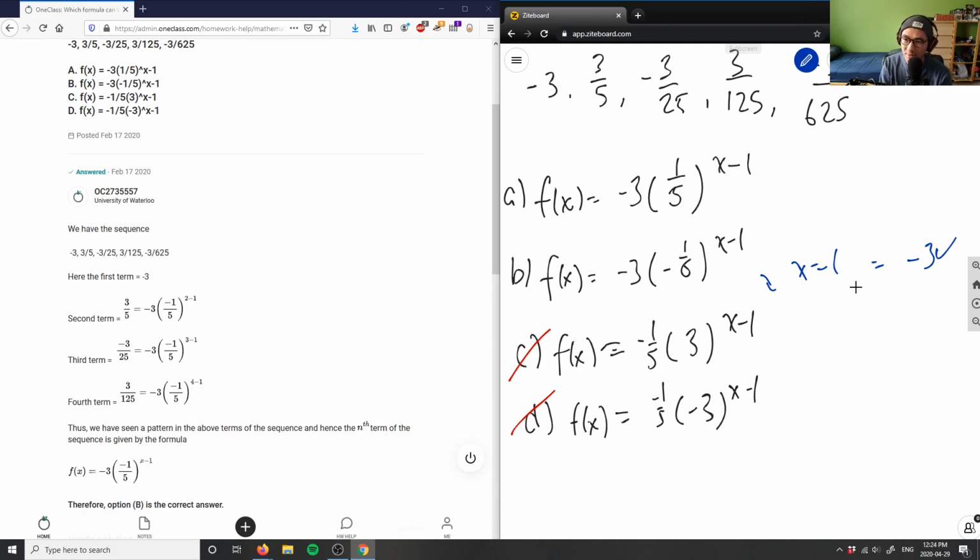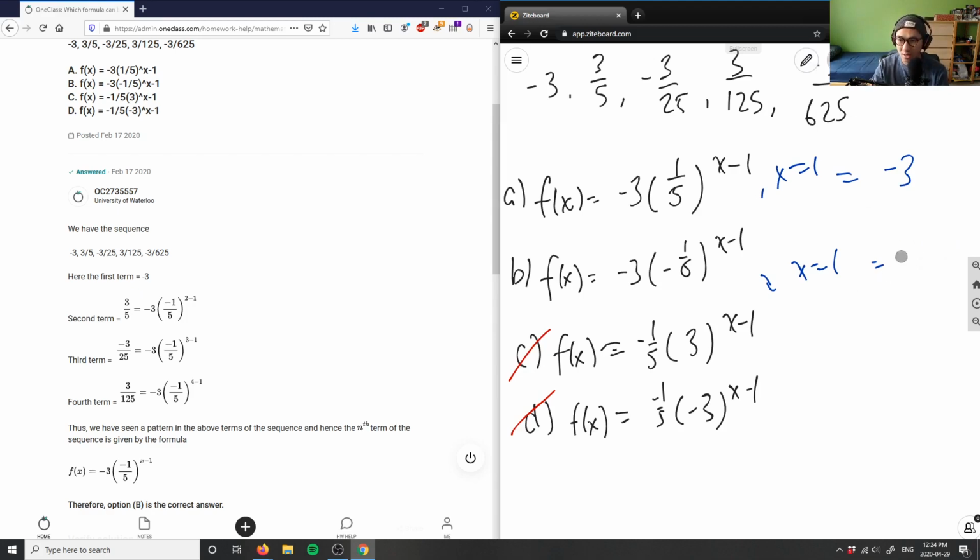Would I have negative 3 as my value? So here x equals 1, 1/5 to the power of 0 is 1, and this would also equal negative 3. This one would be positive 3 actually.